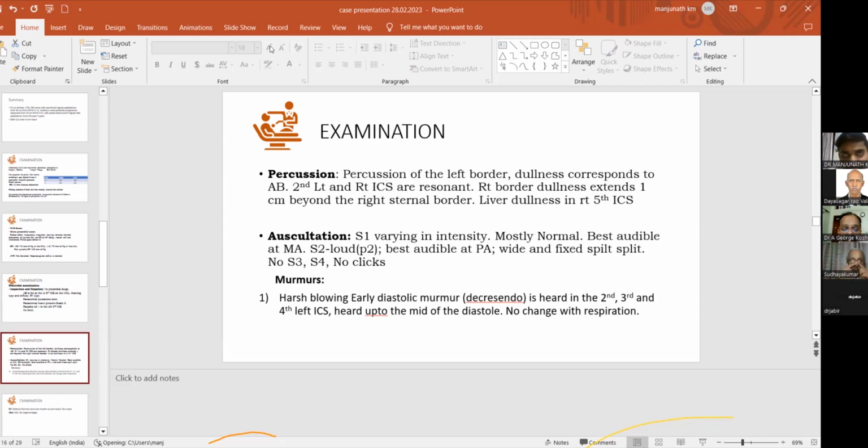I just wanted to ask the candidate, what makes him think that the second heart sound is really the pulmonary component? Why can't it be an aortic component? After all, once you're thinking of a congenital heart disease, malpositions are quite not uncommon. So you have already made a conclusion that the patient has pulmonary arterial hypertension.